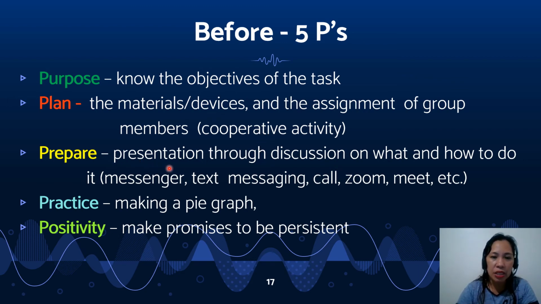Prepare the presentation through discussion on what and how to do it, messenger, text, messaging, call, Zoom, Meet, and etc. For practice, making a pie graph. For positivity, make promises to be persistent.